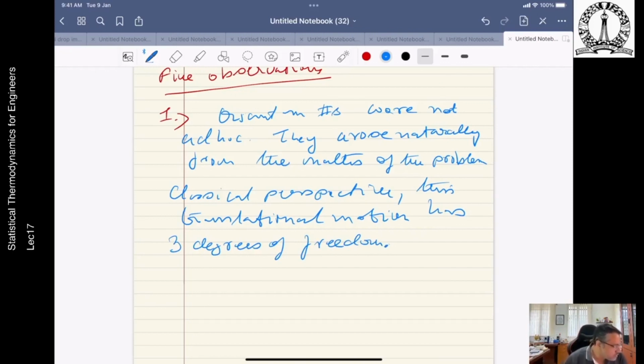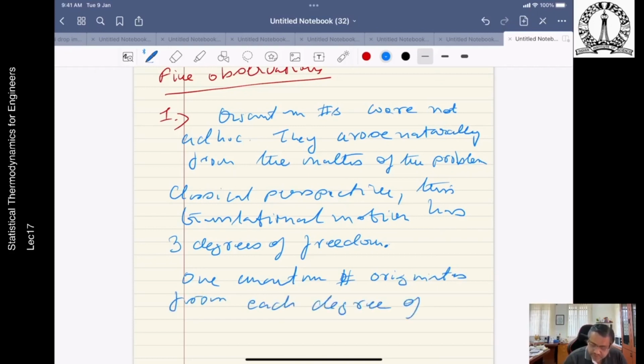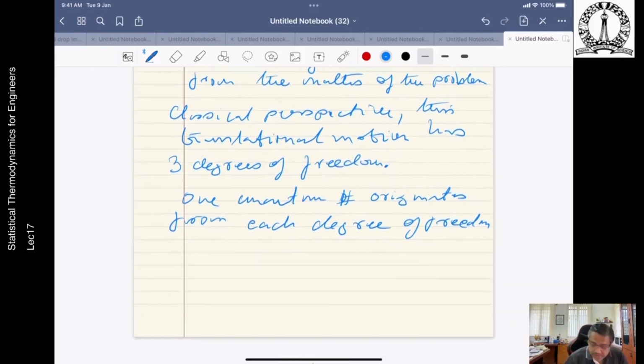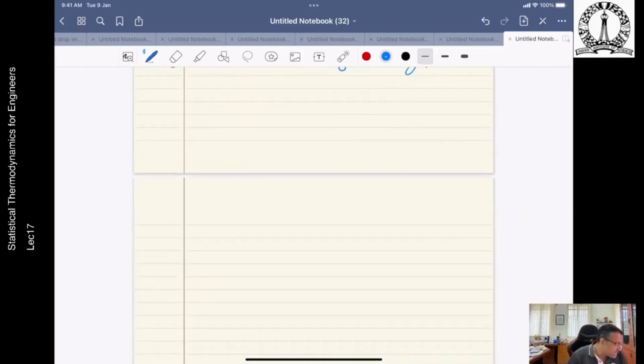One quantum number originates from each degree of freedom, and each quantum number is used to identify the complete state of the system that we are concerned with. So there is a little bit of a classical analog.